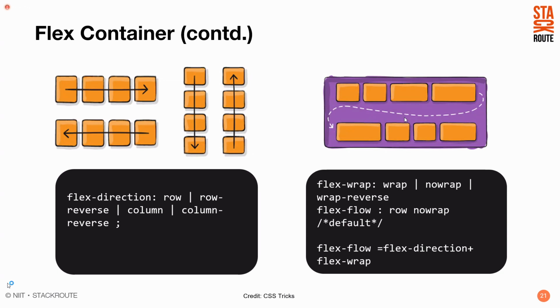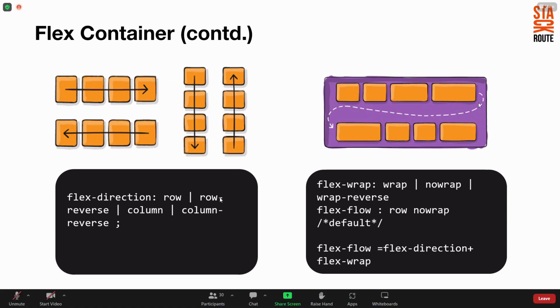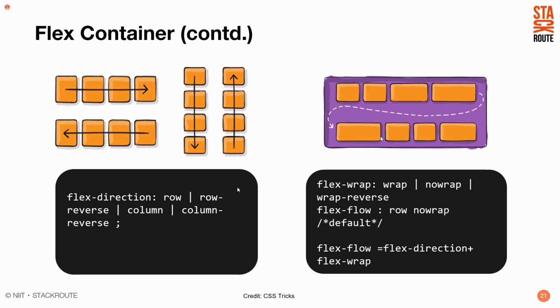As soon as the items reach 100% of the width of my page, they cannot fit on one line, so they go to the next row, or arrange row by row or column by column. After the first column, it has to go to the next column. That direction you can specify with the help of flex flow.